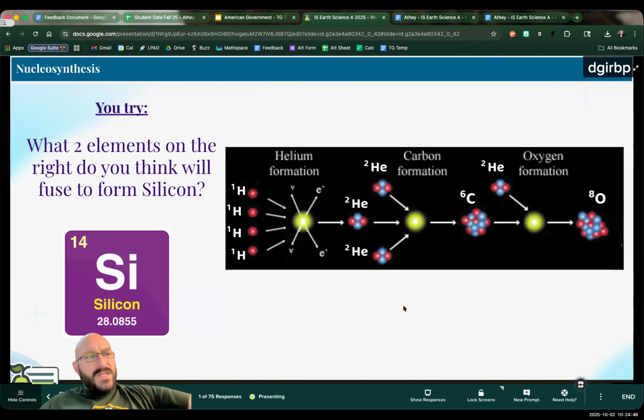Silicon's element 14. See, oxygen's element 8. If I smash together two oxygens, I'm not going to get element 14. I'll get element 16. So what is going to smash together? What's going to fuse to form silicon?